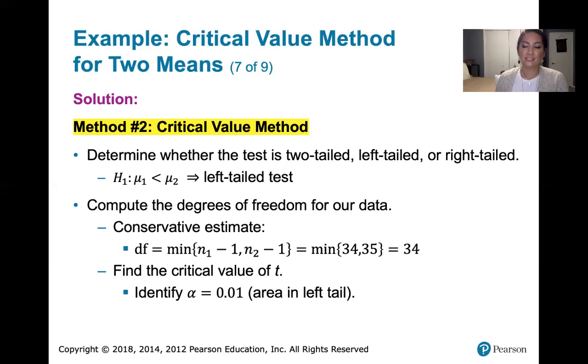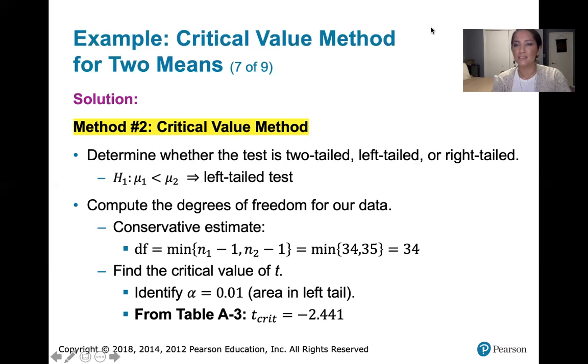And then you would go to table A3, and it will tell you the value of that critical value. Now, it doesn't include this negative sign, but the negative sign is implied because we're looking at a left-tailed test. Let's go to table A3 and I'll show you how to find this.